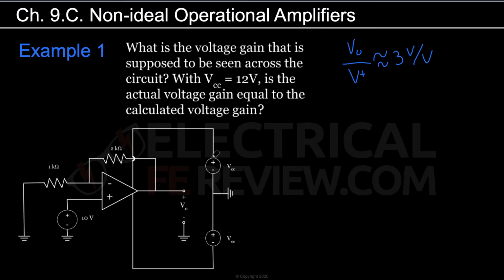So, with our 3 volt per volt gain, our output voltage is supposed to be 30 volts, but we are going to saturate at 12 volts. And saturating is when you hit that upper limit of how much voltage you can gain out of your circuit. So, no, the actual voltage gain is not going to be 3 volts per volt with our 10 volt input.